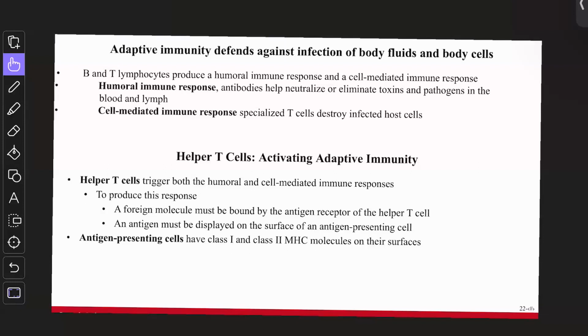In this case, when we say humoral, you need to immediately think about B cells. A humoral immune response requires antibodies to neutralize or eliminate any sort of toxins or pathogens in the blood and in the lymph.